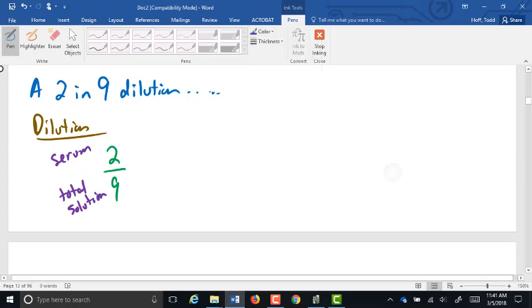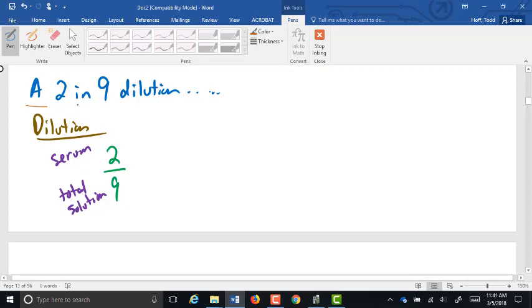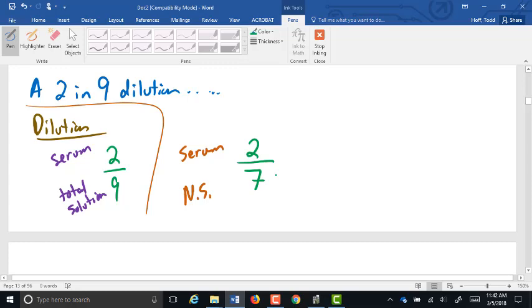But implied in that, and often more useful than the dilution ratio, is the ratio of serum to saline, to NS. That ratio would be 2 to, if there are 9 total parts and 2 parts are serum, 9 minus 2 is 7 parts saline.